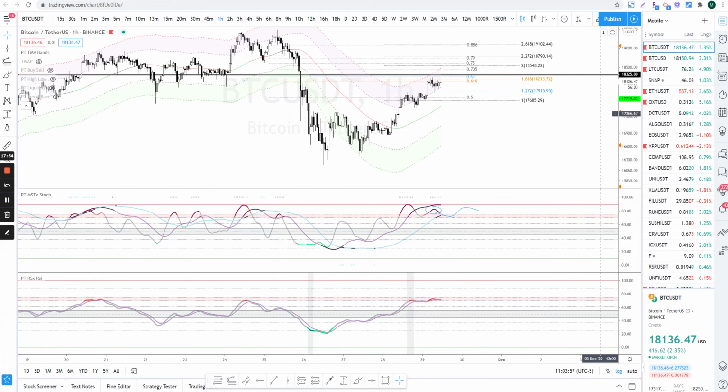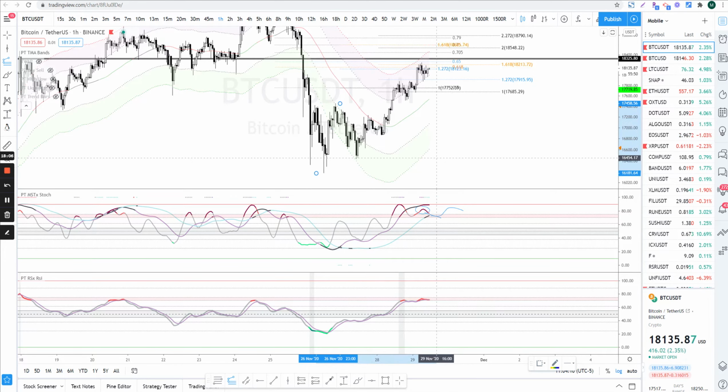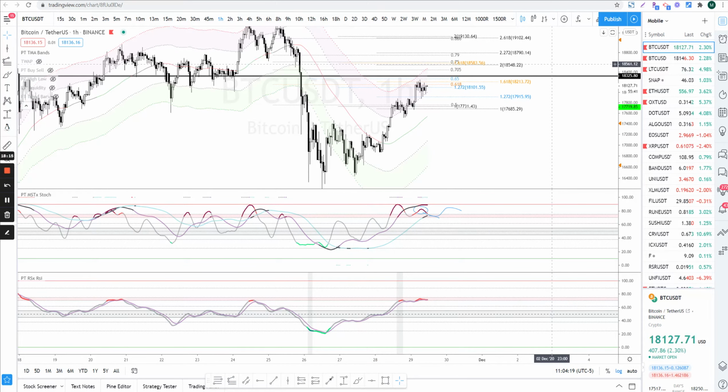I mean, dude, this is a perfect area to just collapse. I know the algorithm is long, the cycle dates are long, and I don't like going against it because more likely than not it's right, but this is a good area for it to just reject, man. This is serious. It's not a joke. If we get above this area, 18.5 might be the next.